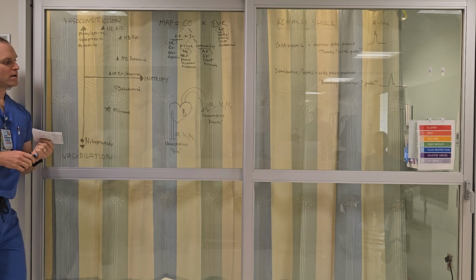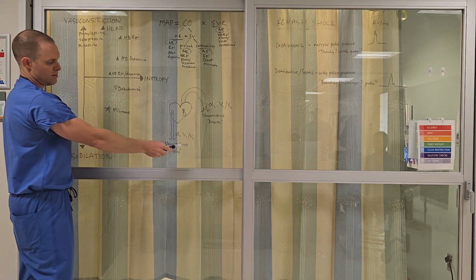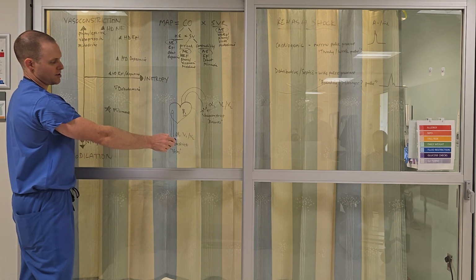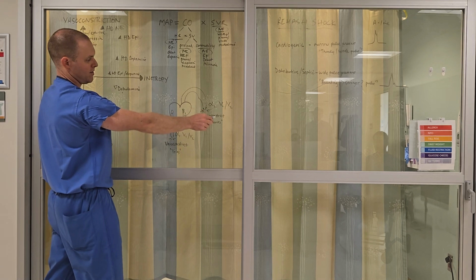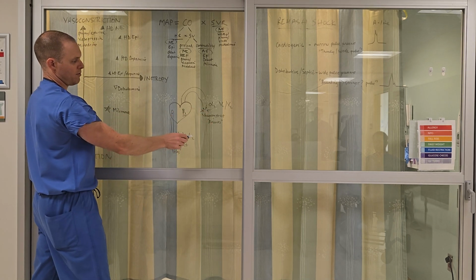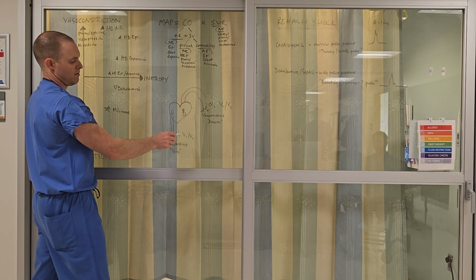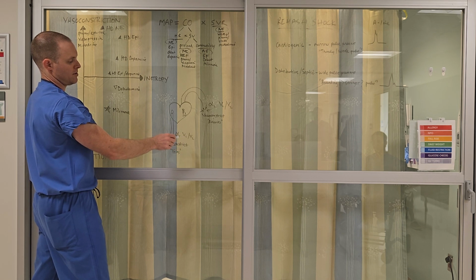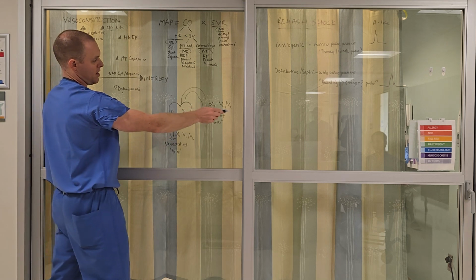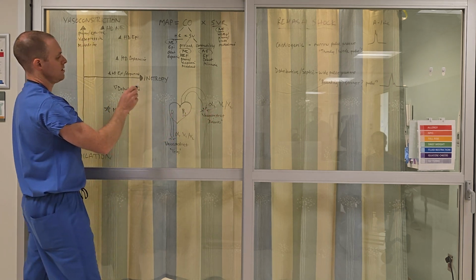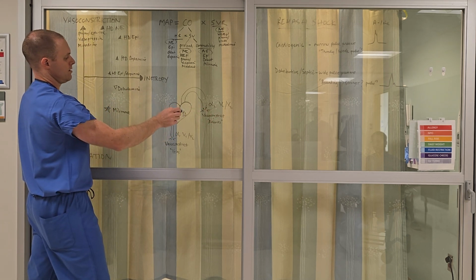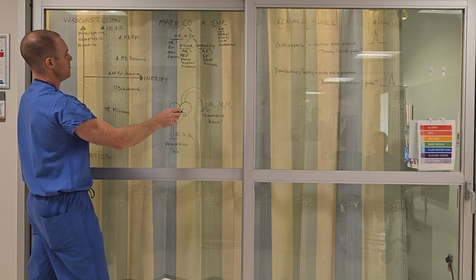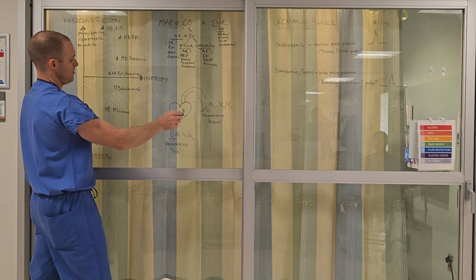Cool. So vasoconstriction, venoconstriction, and arterial vasoconstriction: alpha 1, V1, V2, norepinephrine, phenylephrine, vasopressin, midodrine. Same for beta 1: norepinephrine, low dose epi, high dose epi, dobutamine.